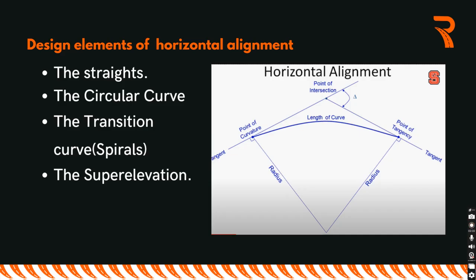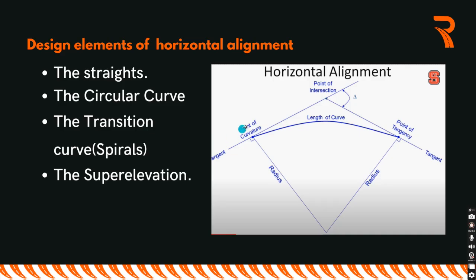Quite often you require a smooth transition, and that is why we have the transition curves. In many American texts and standards, they call it the spiral. And that makes a complete curvature of the horizontal alignment of a road.